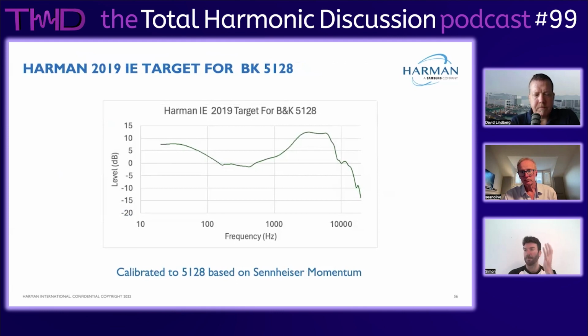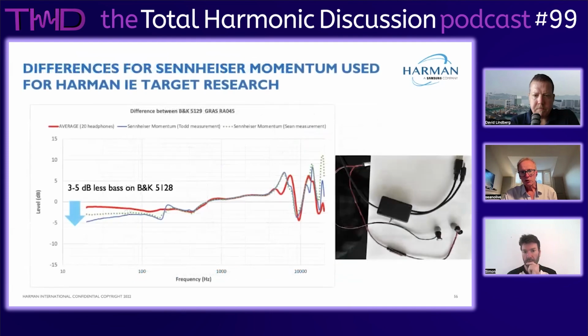And if you compare circumaural headphones or insert earphones, would you not see quite a significant shift in where that resonance occurs? Yeah, there is a difference.